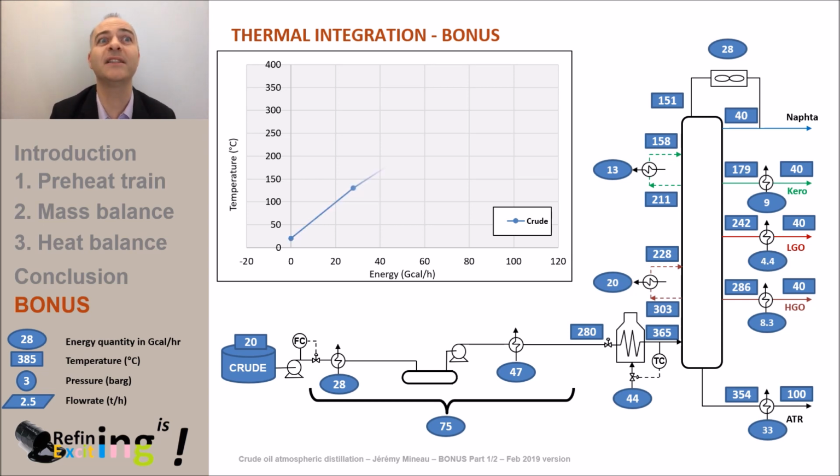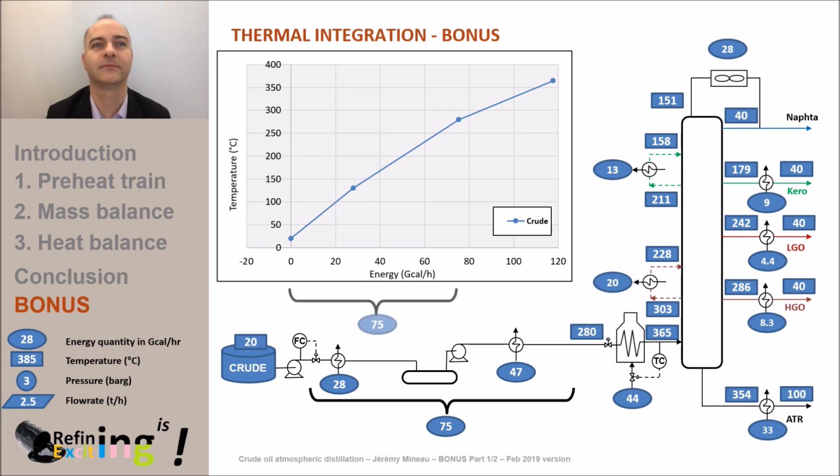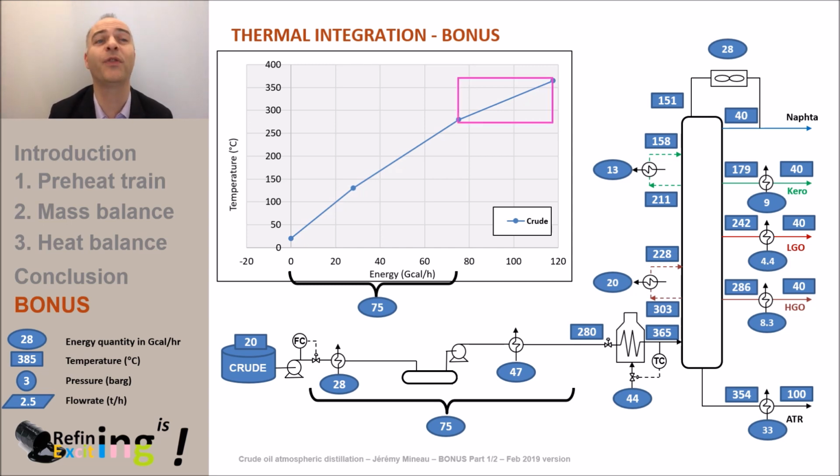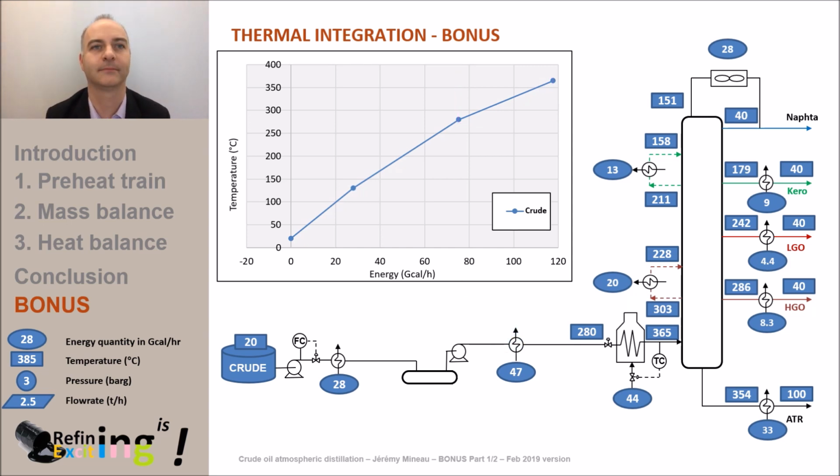The cold crude starts by being heated up from 20 degrees C to the desalter operating temperature, which is typically 130 degrees C. The crude is then heated up from 130 degrees C to the preheat temperature of 280 degrees C. The total duty amount required is then 75 gigacalories per hour. Finally, it is possible to represent the furnace that will heat up and vaporize a portion of the crude from 280 to 365 degrees C.